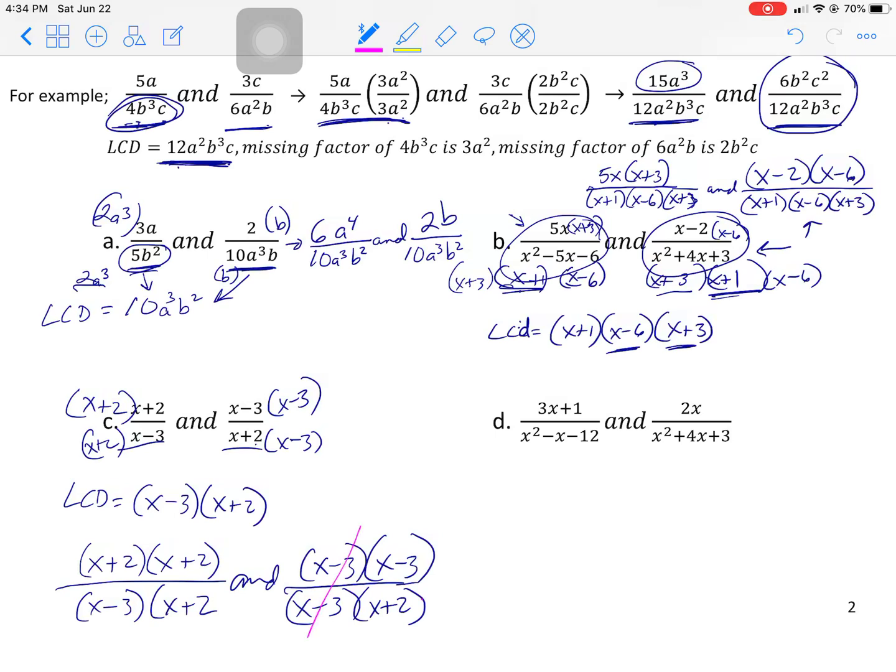So if they were gone, you should have what was there. That's the whole point. We turned them into something that had the same thing on the bottom, so if they were in a problem together, we could add them, because they have common denominators.